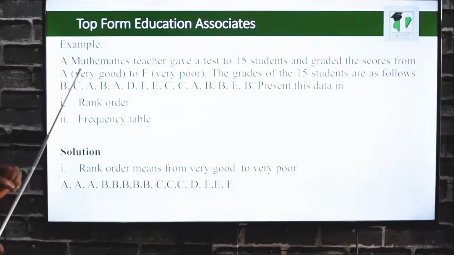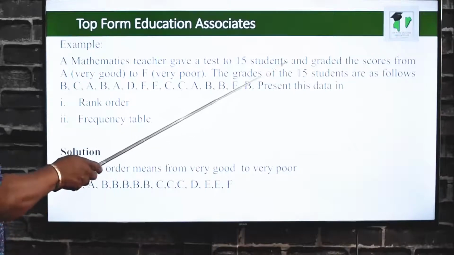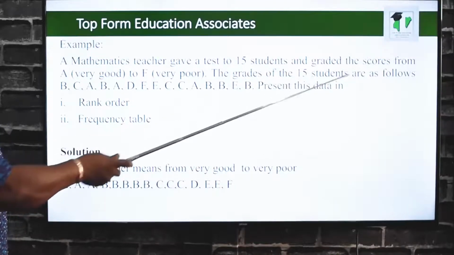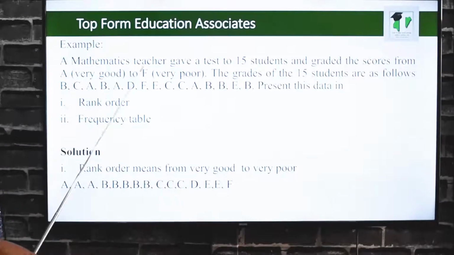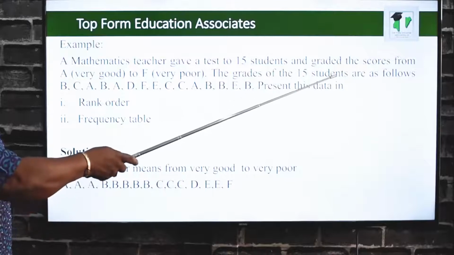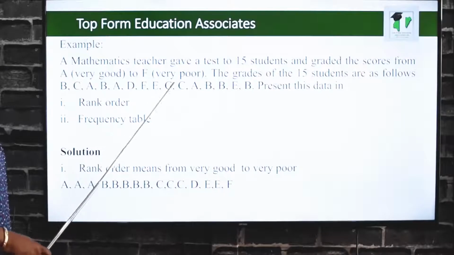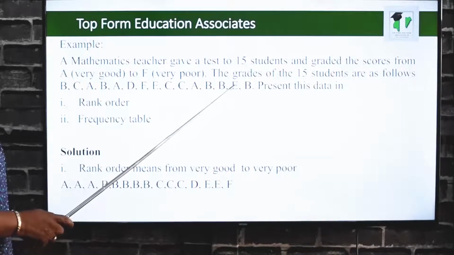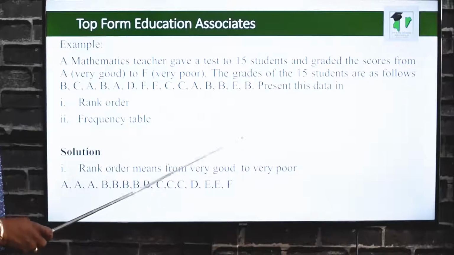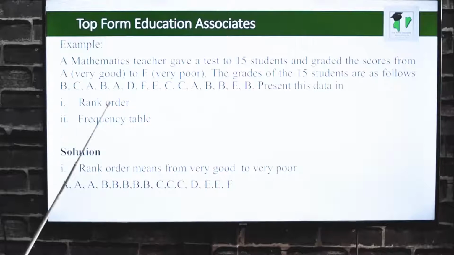Example. A mathematics teacher gave a test to 15 students and graded the scores from A, very good, to F, very poor. The grades of the 15 students are as follows: B, C, A, B, A, D, F, E, C, C, A, B, B, E, B. The question says, present this data in one, rank order, and two, frequency table.